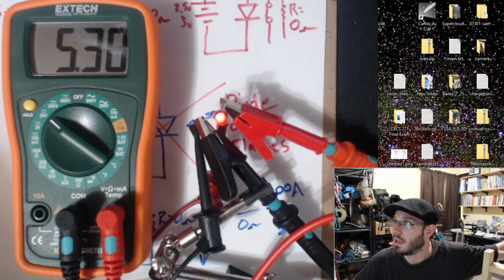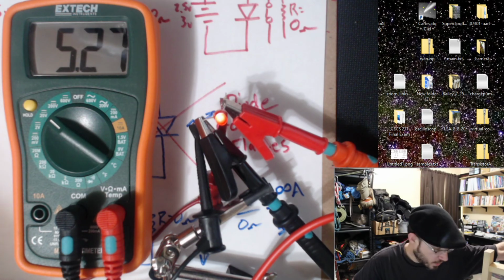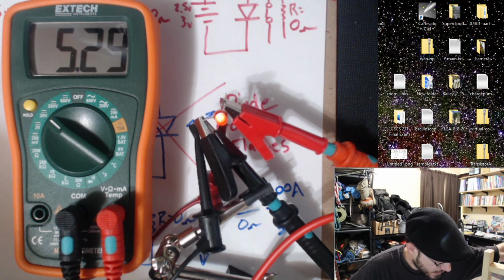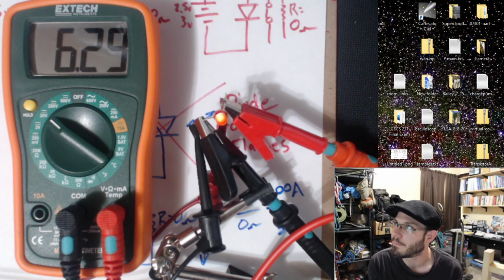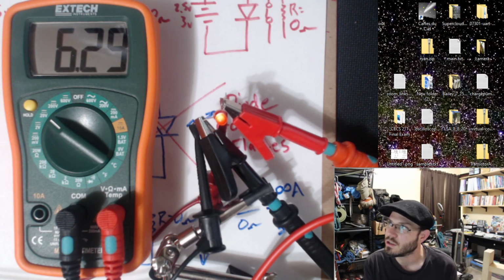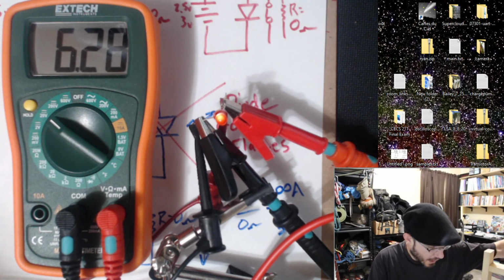Okay, we're now putting about 5 volts into it. And I can see that, wow, it's starting to turn orange at 6 volts. Notice it's starting to die. Okay, the light's actually dimming even though I'm applying the same voltage to it. And I'll crank that up a little further.